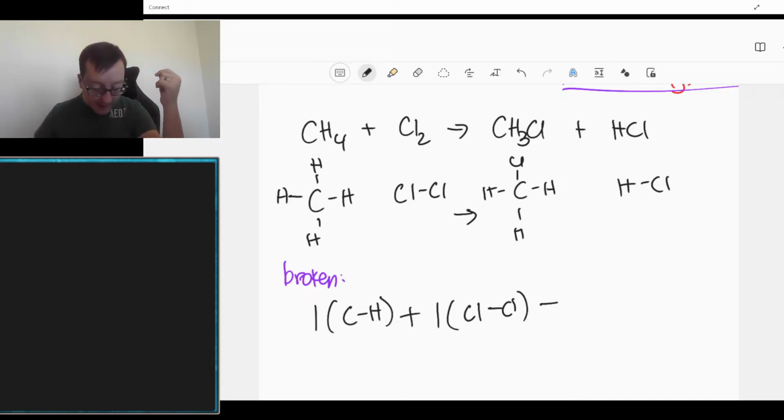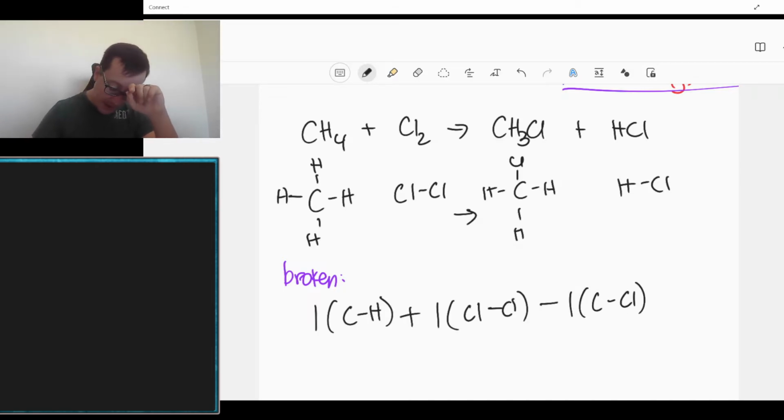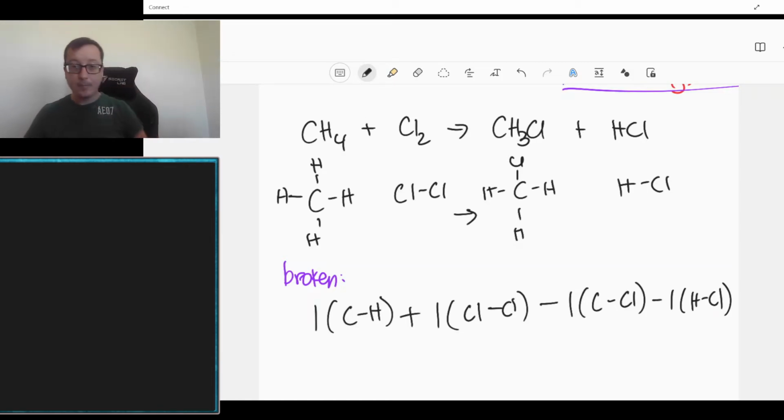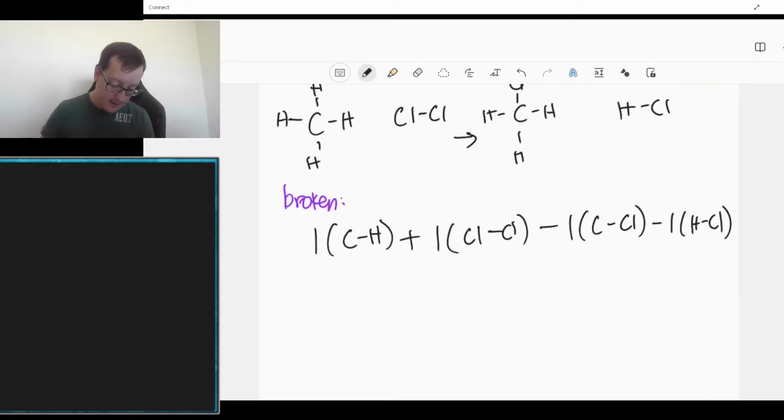Minus, what are we making now? What's in the products that's not in the reactants? Well, we have one C-Cl bond, and we have one HCl bond. Those are the bonds that are being formed in this process. So, simply a matter of putting these together.